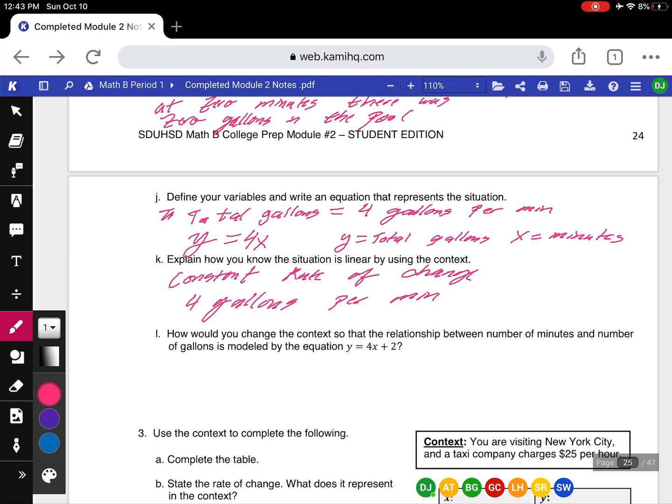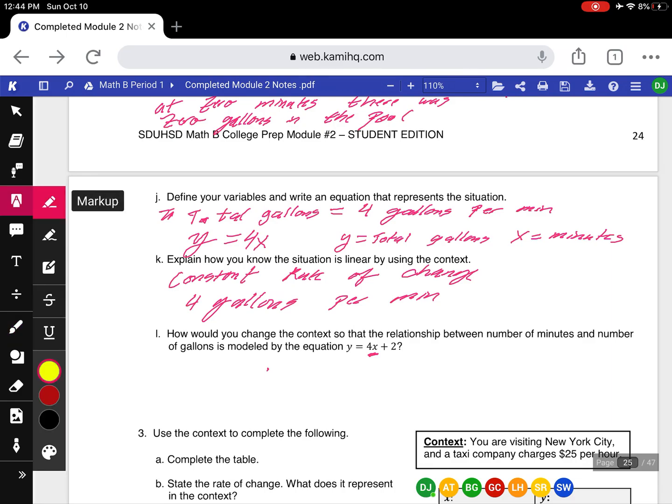Now it says, how would we change the context of the relationship between number of minutes and the number of gallons if it's modeled as y equals 4x plus 2? Well, the original one we came up with was y equals 4x. So what's the difference between y equals 4x and y equals 4x plus 2? As I'm sure we can notice, it's that plus 2.